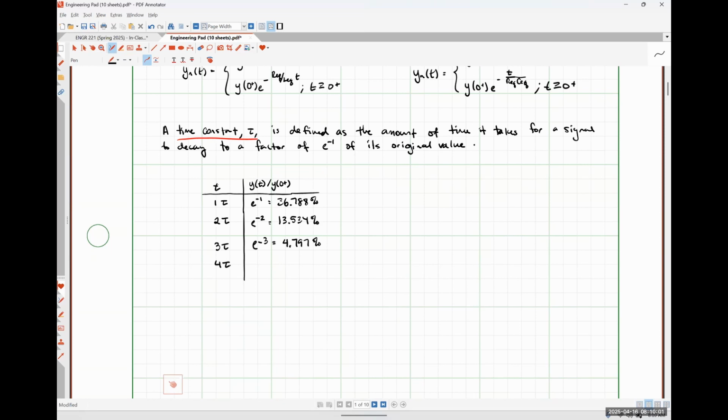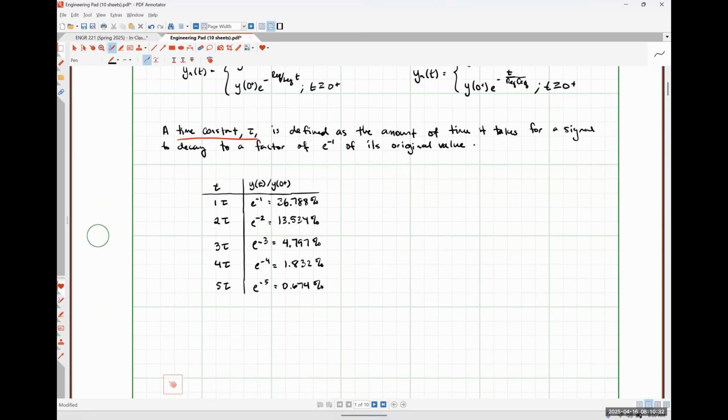In four time constants, that's simply e to the minus 4, or 1.832%. And the last one that I'm going to put here is five time constants, or e to the minus 5. And this is 0.674%.